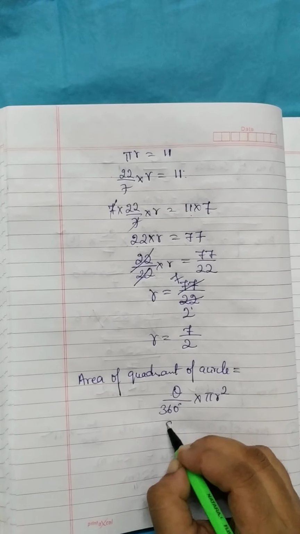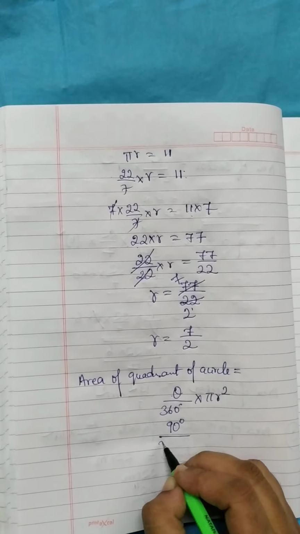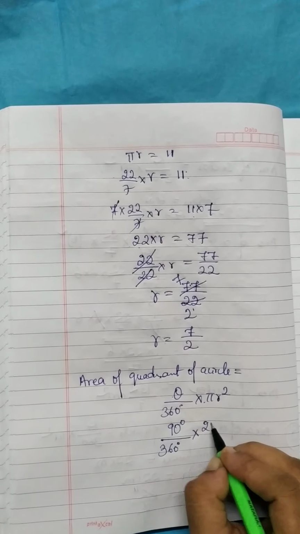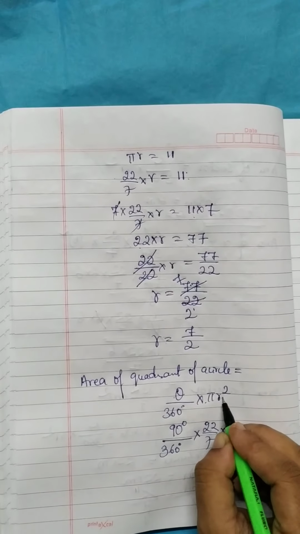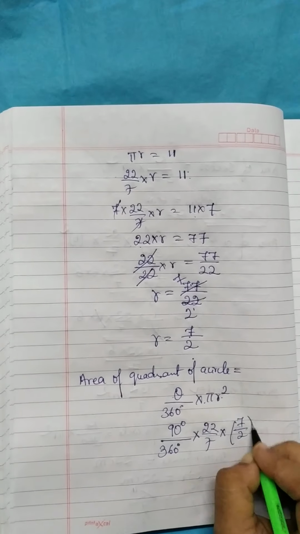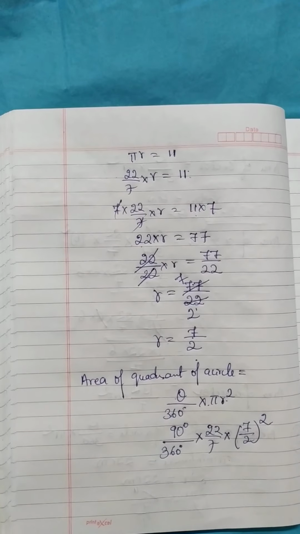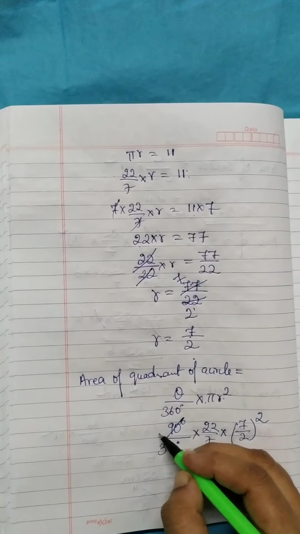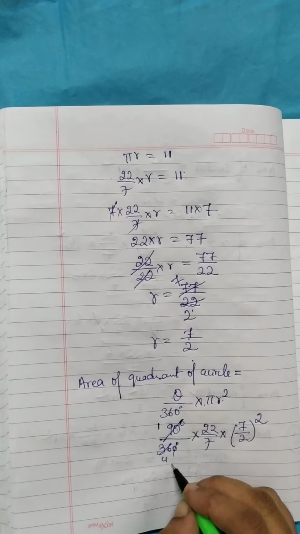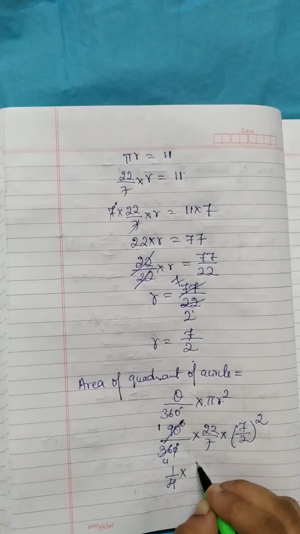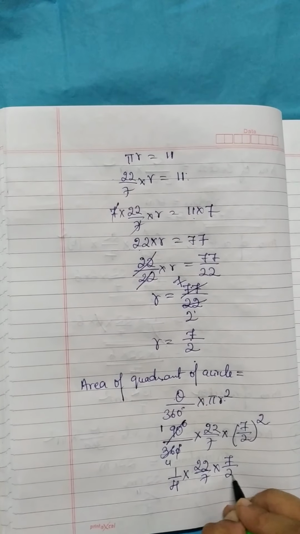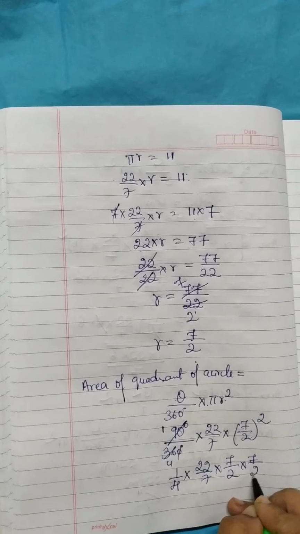Quadrant means how much? 90 degree by 360 degree into pi is 22 by 7 into r value is 7 by 2 whole square. So this will be 9 0 cancels, 9 1s are 9, 9 4s are 36. So 1 by 4 into 22 by 7 into 7 by 2 into 7 by 2.